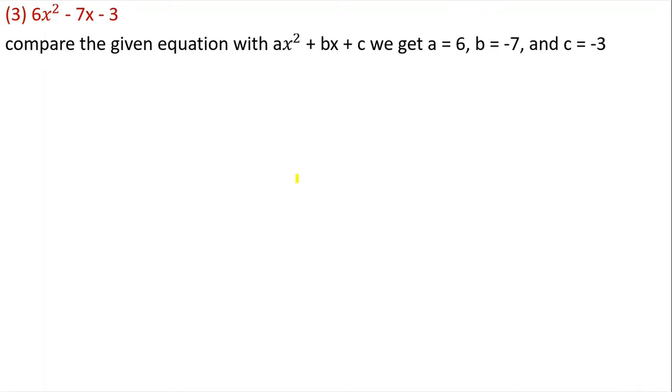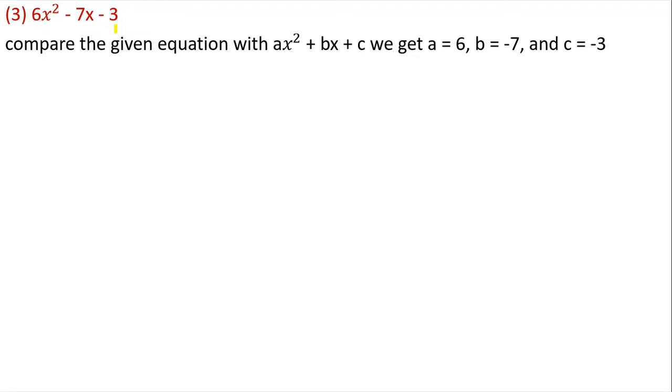Now, if you want to find zeros for the given polynomial, we want to split the middle term into two subterms, in which it satisfies two conditions. That is, the sum of these two subterms is equal to the middle term minus 7x, and the product of these two subterms is equal to the product of 6x square into minus 3, that is minus 18x square.